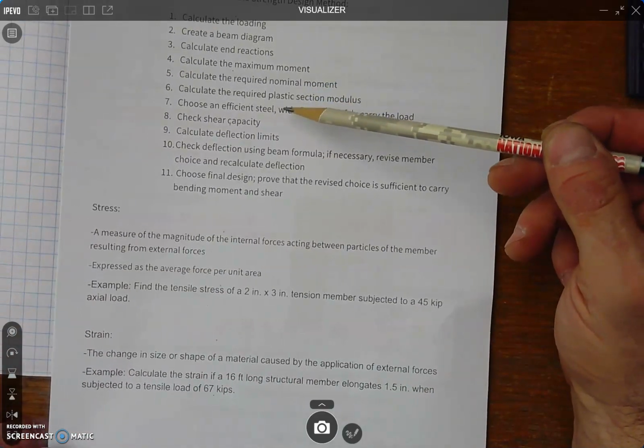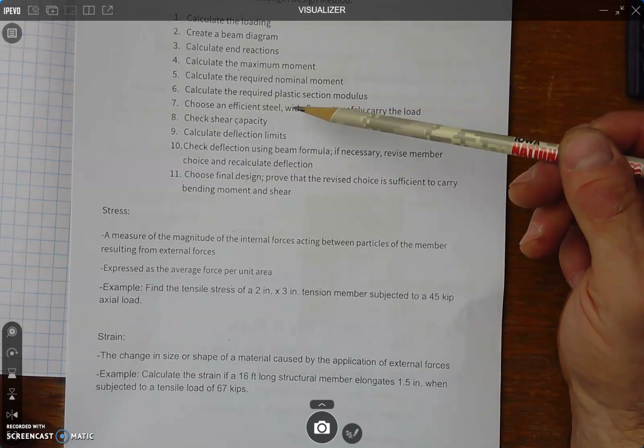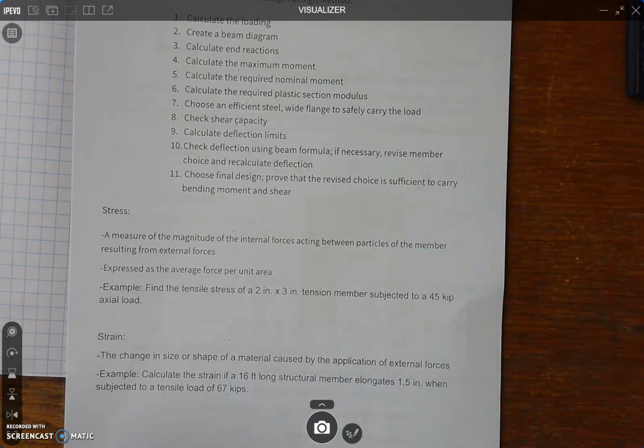Now we need to calculate the required plastic section modulus. So remember, we talked about how steel beams can be, well, anything really, not just steel, but anything has a certain amount of elasticity. That means you put a load on it and it gets stressed and often strained, which means it gets misshaped. It starts to bend. And when you take that load off, if it's elastic, it will bend back, or it will go back to its original shape.